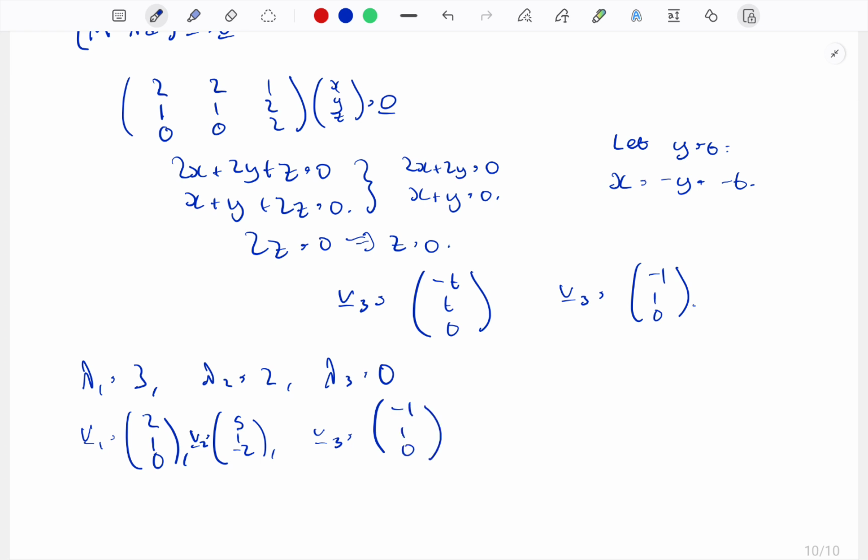So this is how you would work out the eigenvalues and eigenvectors for a 3D matrix.